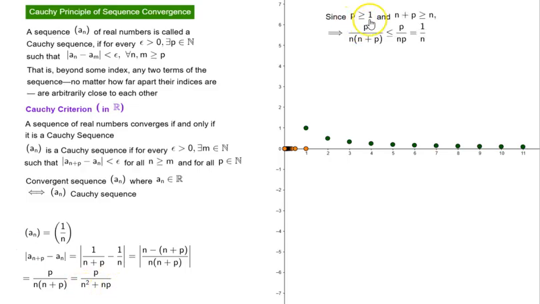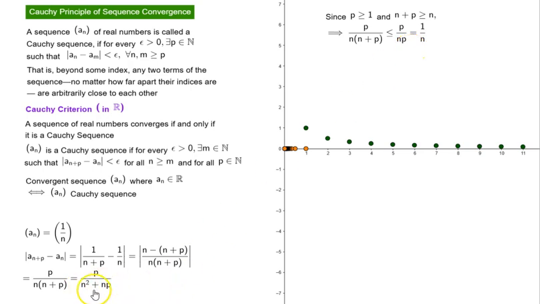Since p is greater than or equal to 1 and n plus p is greater than or equal to n, this implies that p by n times n plus p is less than or equal to p by np.